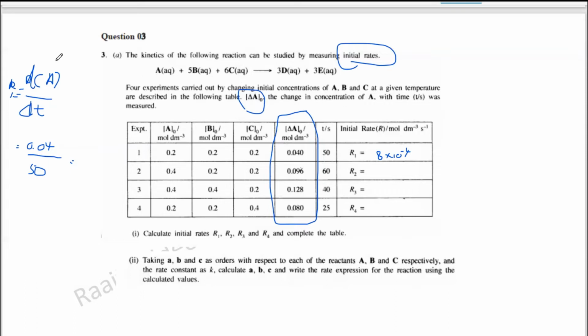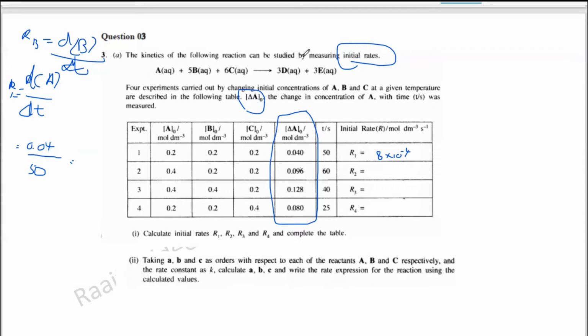If you write down the rate as this, and you write a rate with respect to, let's say, B, as delta B concentration over dt, then since this is the same reaction happening, the rate with respect to B and the rate with respect to A should be equal. You should know that.